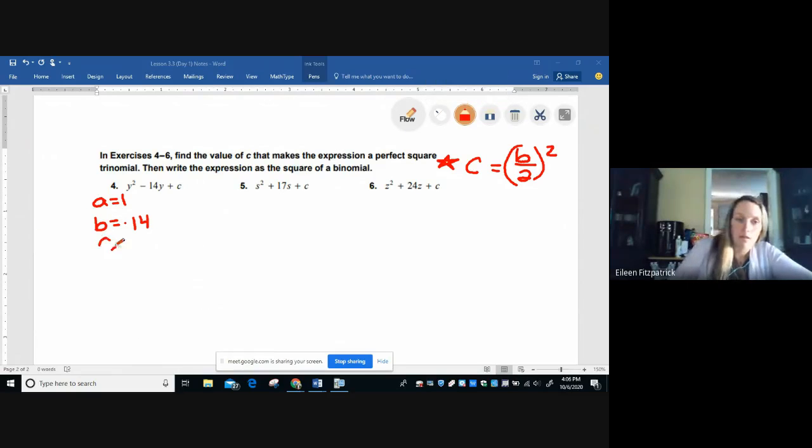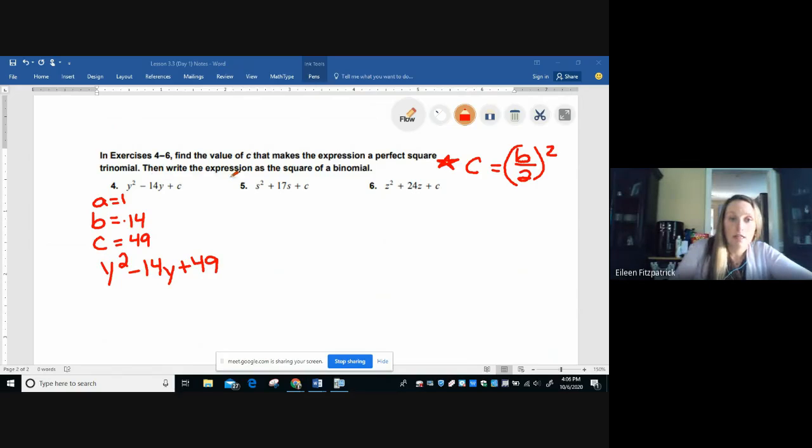All right, so I had that b was equal to negative 14, and now I know that c is equal to 49. So then my perfect square trinomial is y squared minus 14y plus 49. Then it says, write the expression as a square binomial.